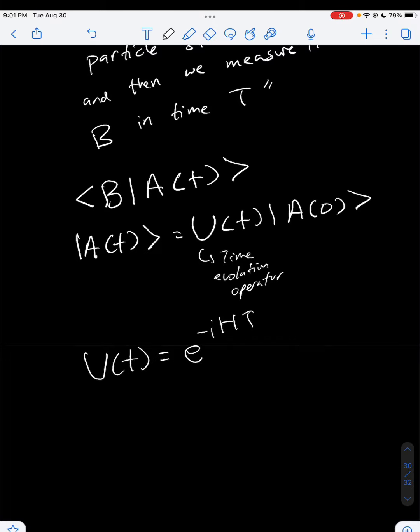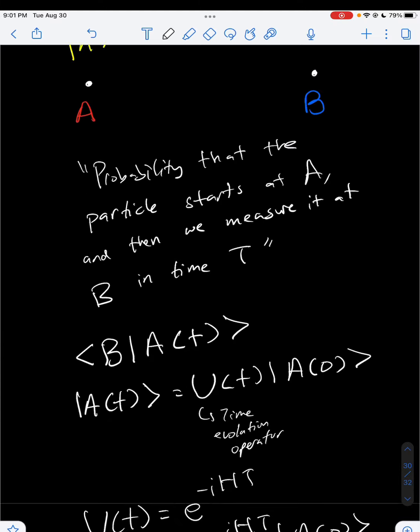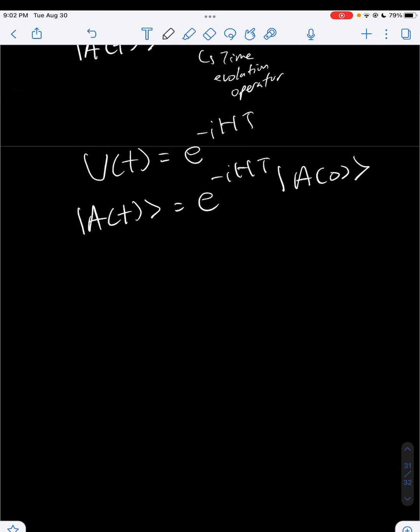So basically, A of t is going to be e to the minus iHt times A naught. This means that our probability that it goes from A to B in time t is going to be the inner product of B with e to the minus iHt times A.